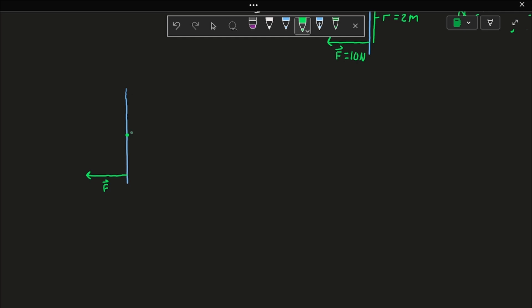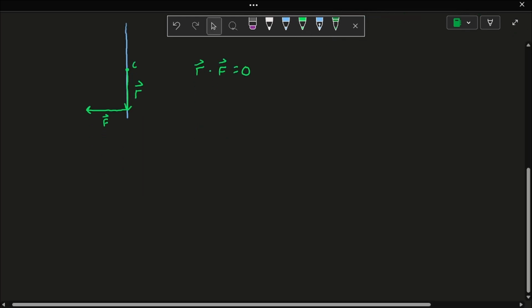And let's actually show R as a vector here. So I have R right there. Now, we know we're dealing with rotational motion if vector R dot vector F equals 0, or those two vectors are orthogonal, or perpendicular.